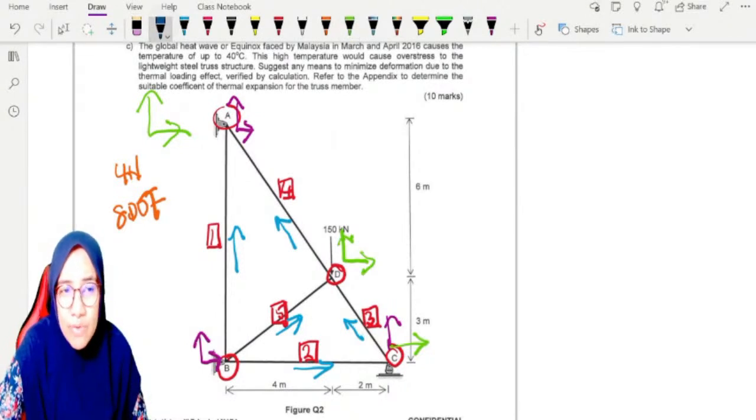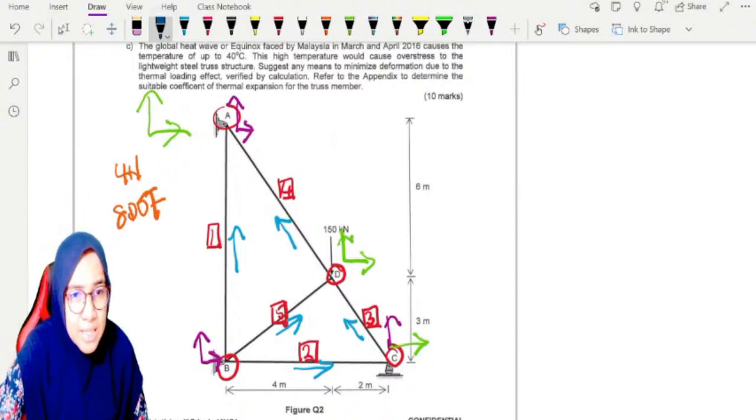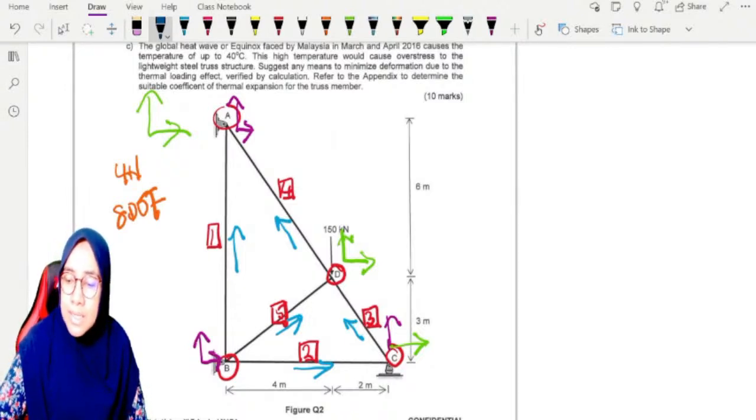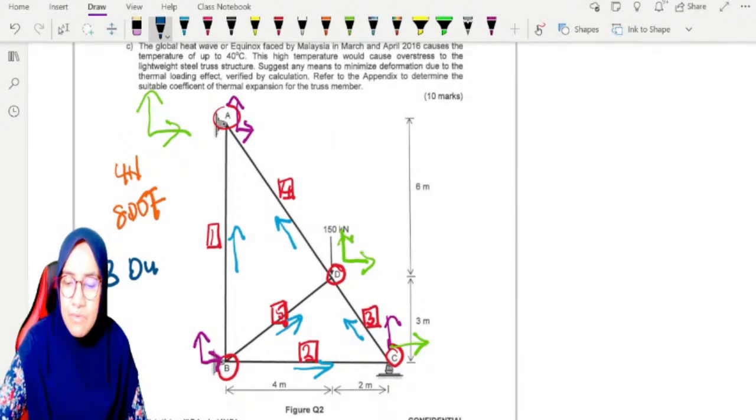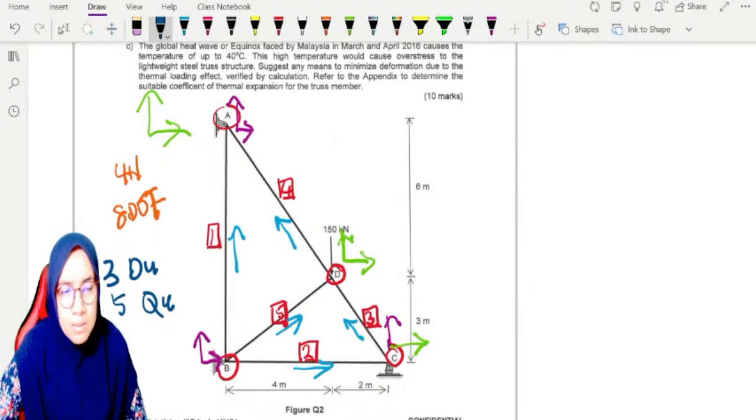We should label the degrees of freedom for the unconstrained system first, because the green label represents 3 unknown displacements, and the purple label represents 5 unknown reactions. The total is 8, 3 and 5.